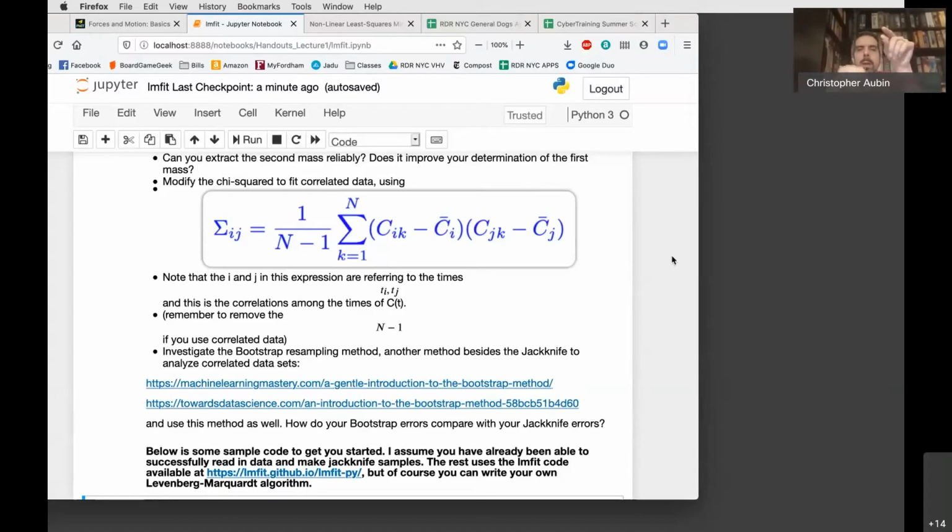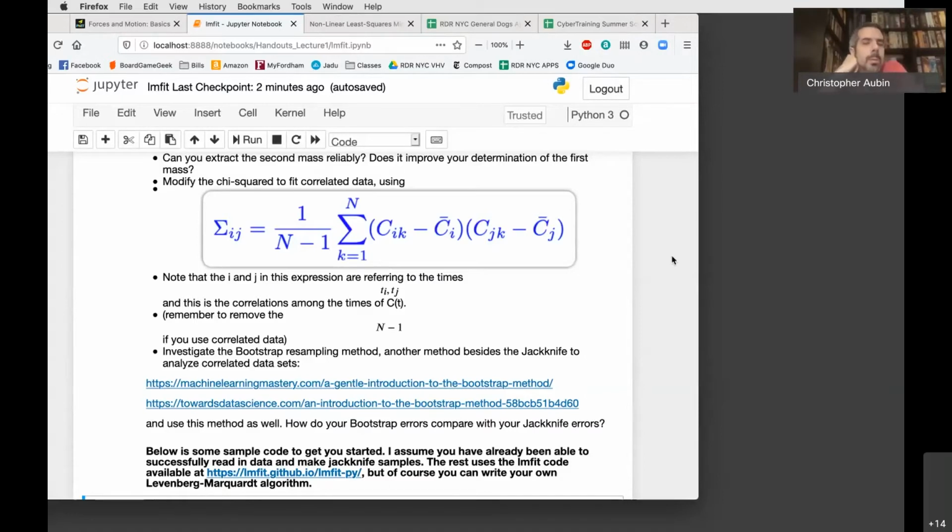The way we're doing the fits now, that would have no effect on C of 5 or C of 6. However, that's kind of absurd, right? Because obviously, since this is an exponential decay, if a certain time value of C of t changes, that should affect the next point somehow. So there is going to be some sort of correlation among the different time points.